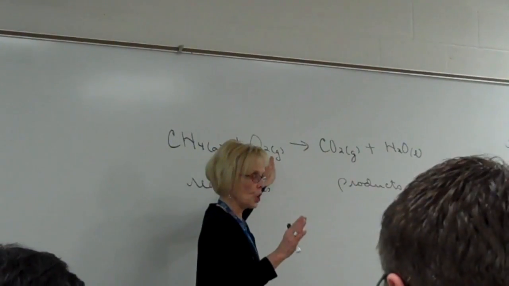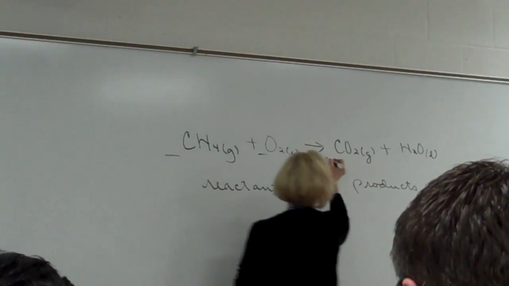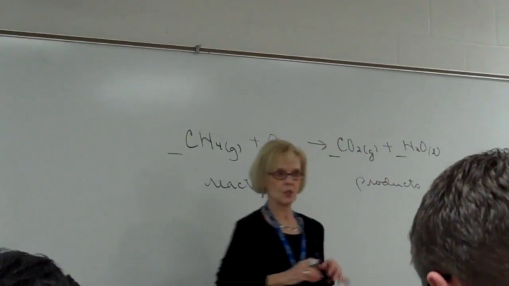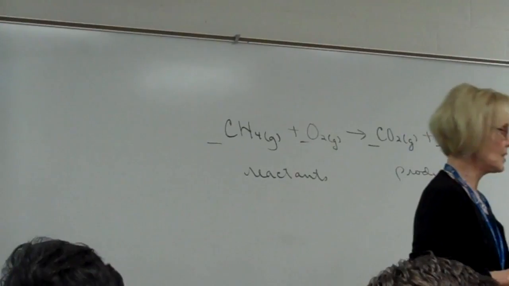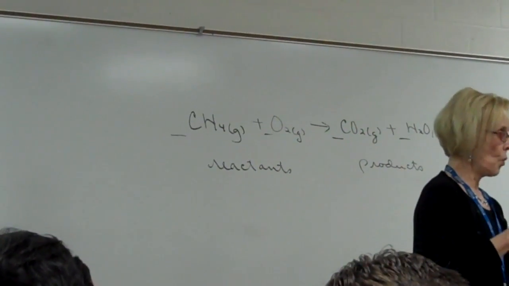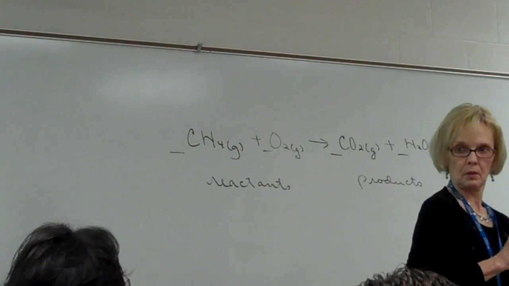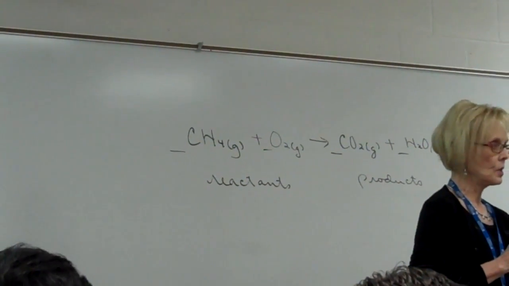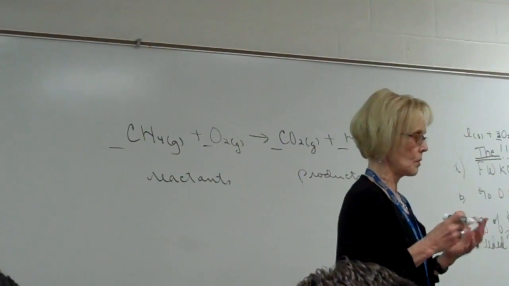Those are set in stone. So what we want to do, we're going to come up with the correct coefficients. And just so everybody gets the same answer, good form is the lowest whole numbers possible. Everybody catch that? Lowest whole numbers possible. So that everybody's going to get the same answer.